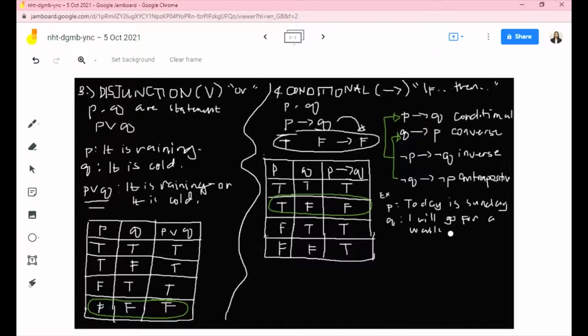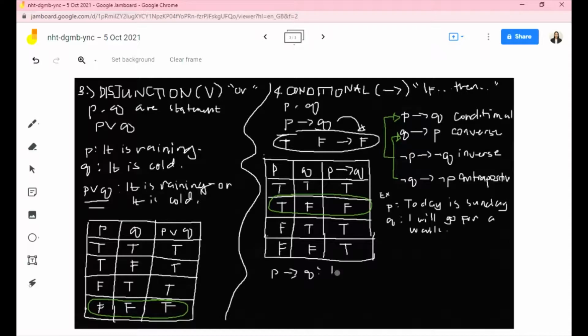So let's find out the conditional form. That's P implies Q. So we have here our P, that's the statement today is Sunday. Before we forget, this is a conditional statement. That means we'll be using if and then.